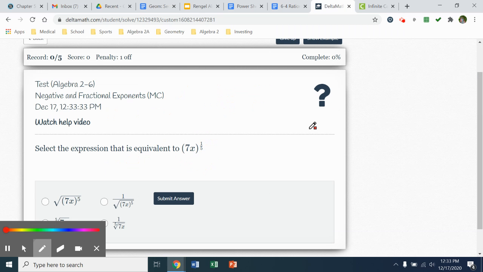Okay, so we'll head into this first problem. I've got a 7x in parentheses to the 1/5 power. Because this has parentheses, this whole thing right here is going to represent my base. So 7x is my base, and then I'm raising it to the 1/5 power. So I take that 5 from the denominator, that's going to be my root.